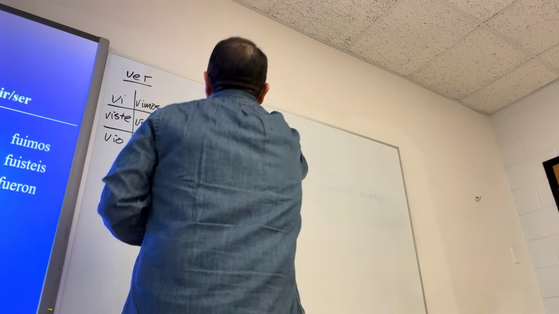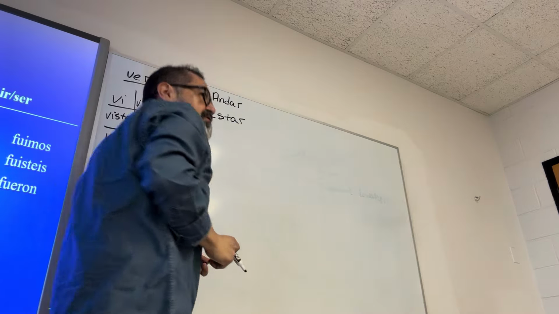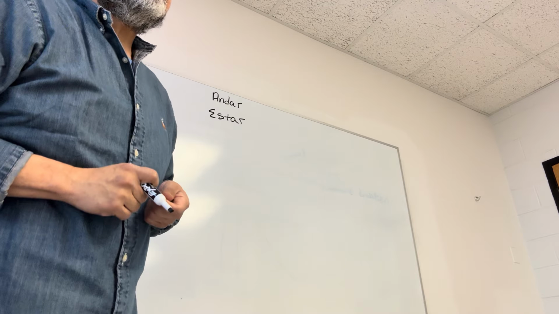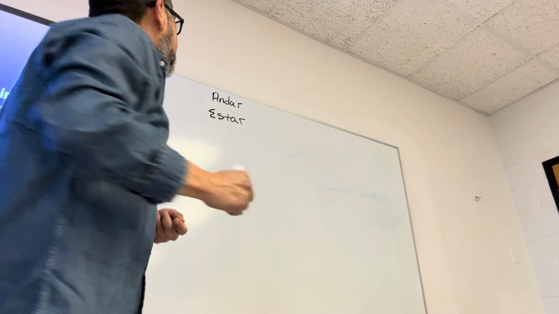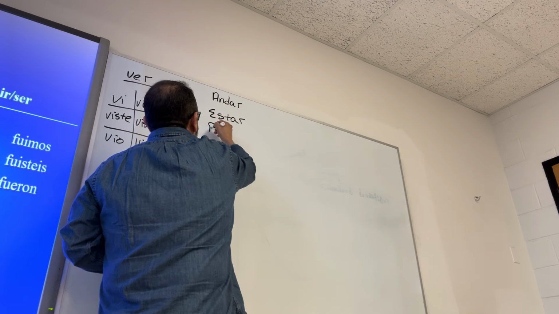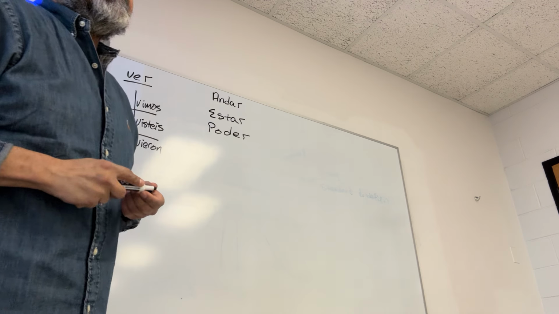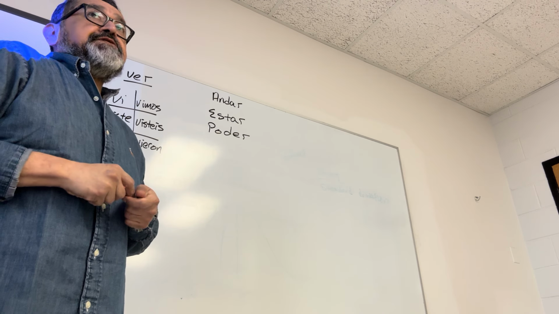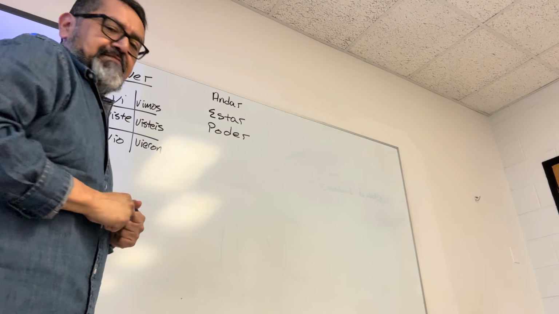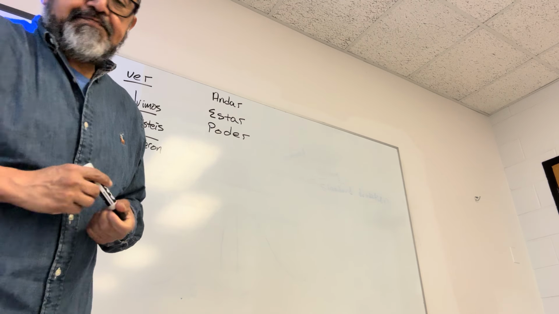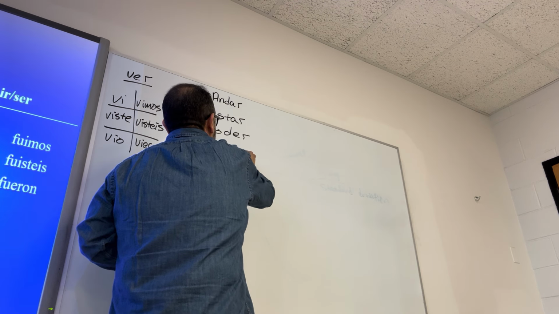Okay, we've had estar before. What does estar mean? To be. It's our other to be. The word poder means to be able to, or can. Does anyone remember poner?